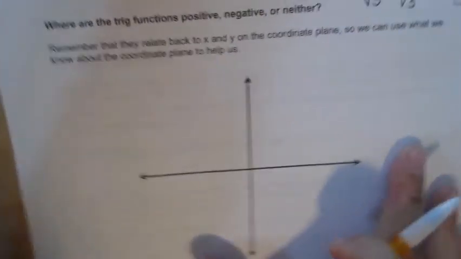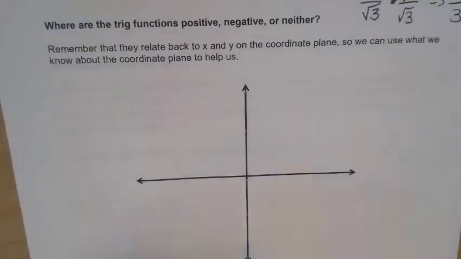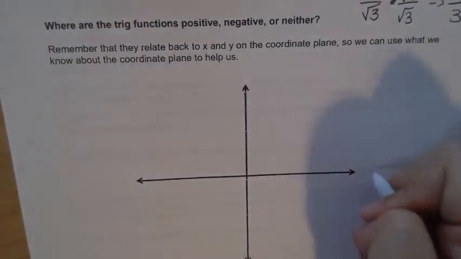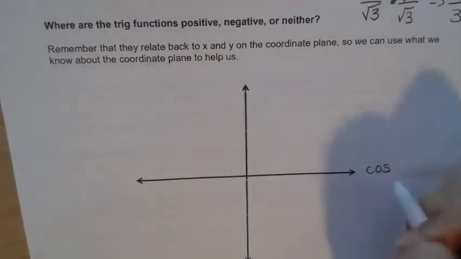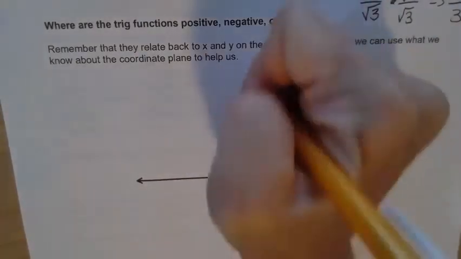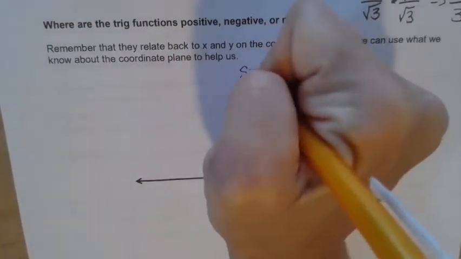Alright, so what we're now going to do is look at where our trig functions are positive and negative. So don't forget, cosine is the x value, sine is the y value. So in each quadrant, we can tell right off the bat if it's going to be positive or negative.